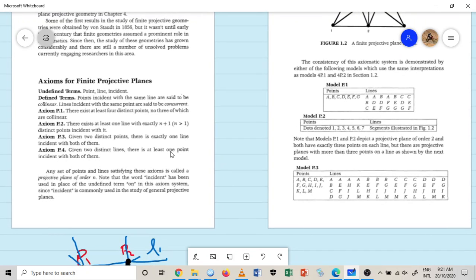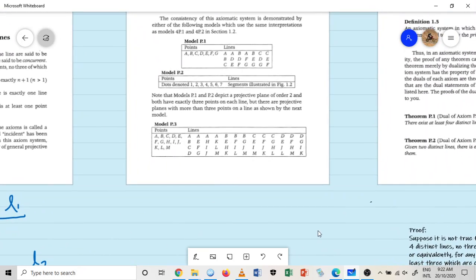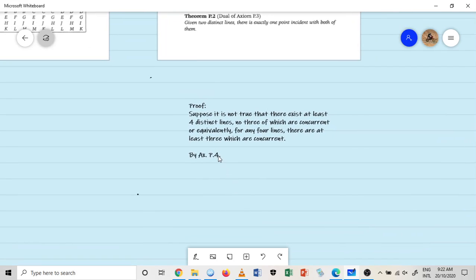That given two distinct lines, there is at least one point incident. But first, let us consider P.1 saying that there are at least four distinct points, no three of which are collinear.